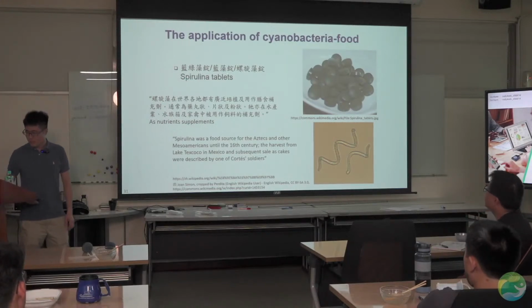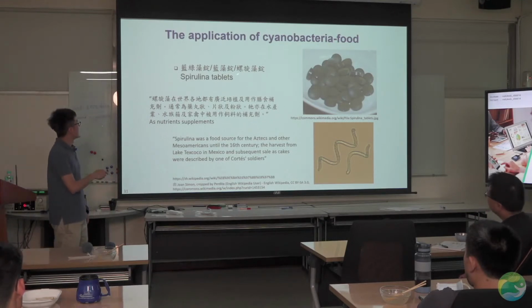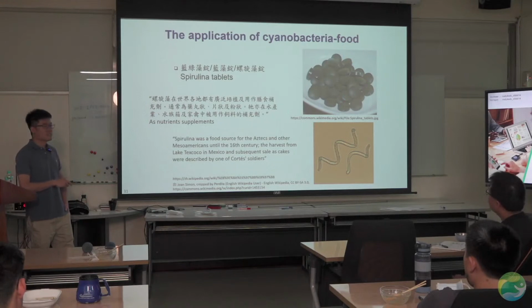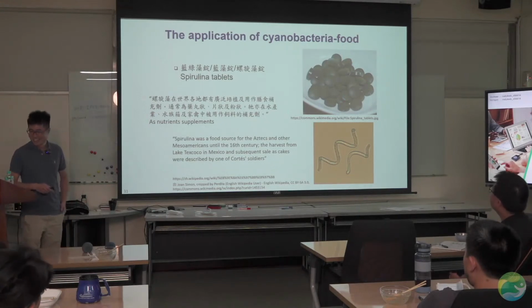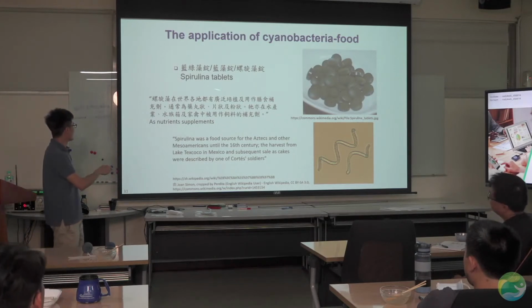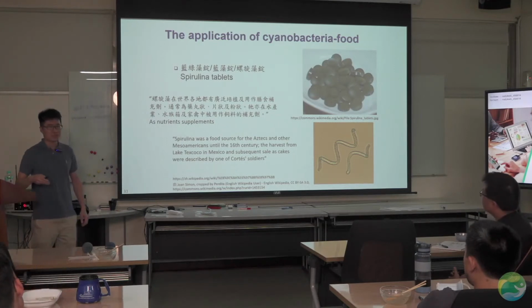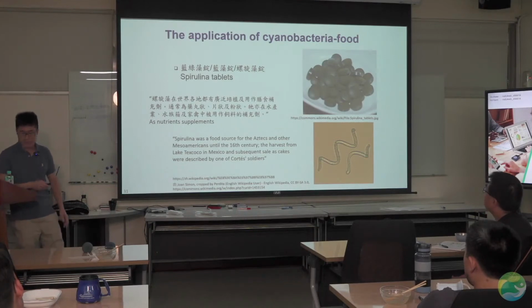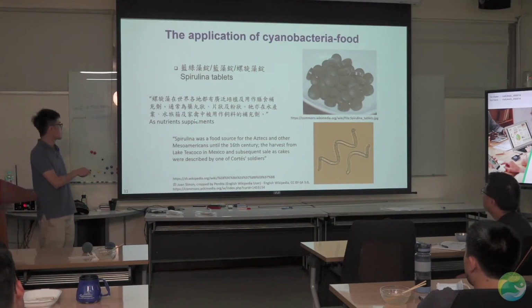So when you see people eating this 螺旋藻, you can tell them, do you know you are actually eating bacteria? Okay. Anyway, it's a very nutritious bacteria that can be used for nutrition supplements or used for feeding animals.